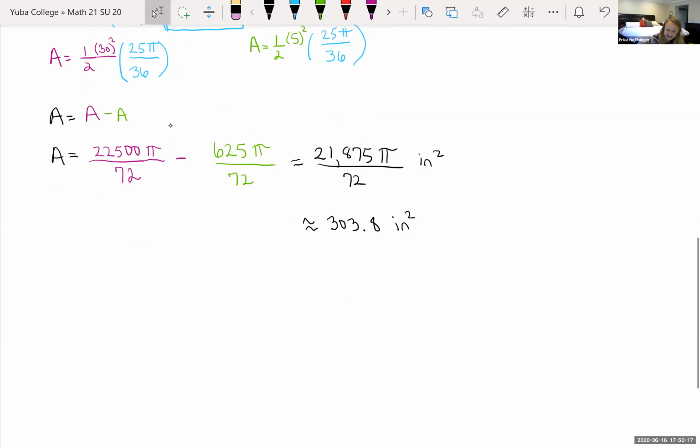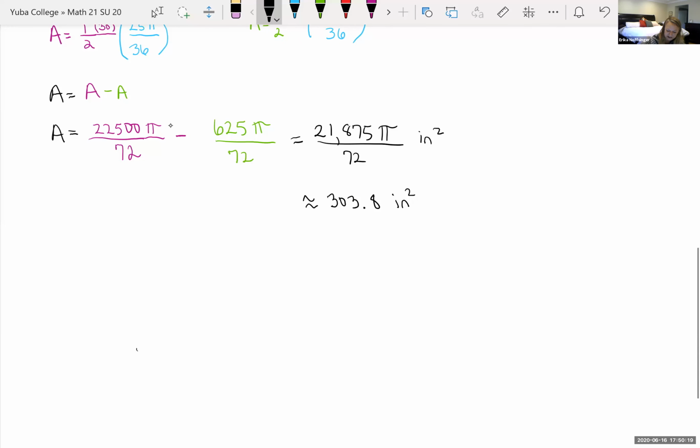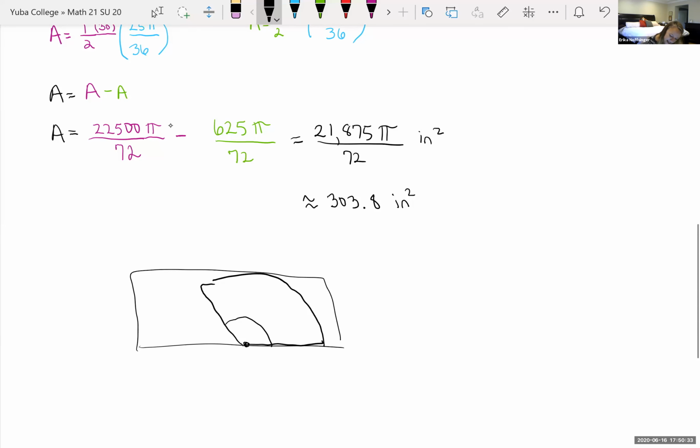So basically, again, if you were looking at your windshield of a car and you looked at this blade and it was swiping out while it's wiping, basically the piece that's getting covered or cleaned is in here, and that's what we just found.